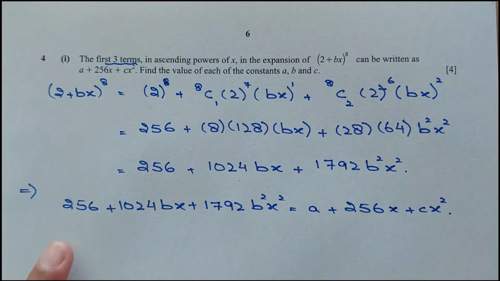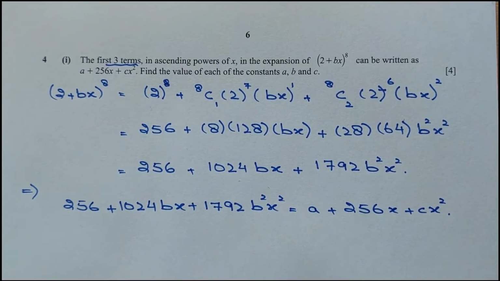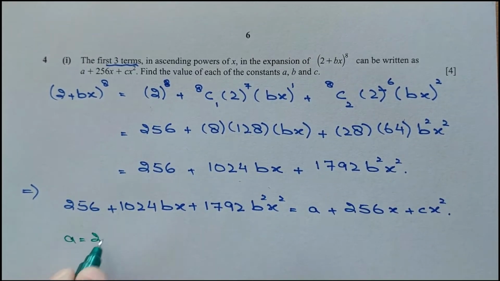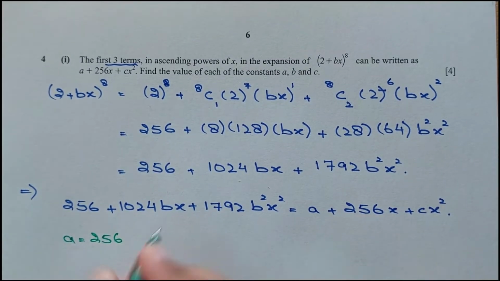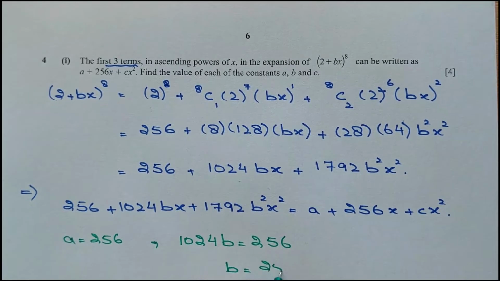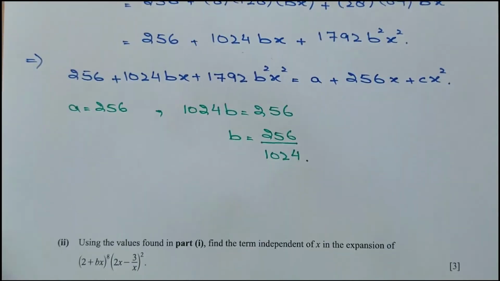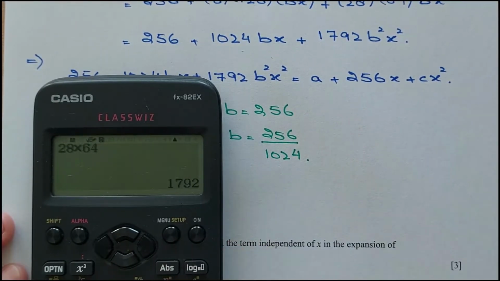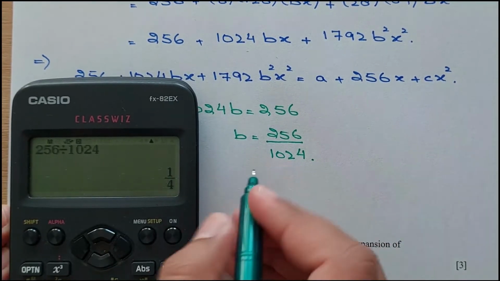Now comparing, a is the constant term, so a equals 256. Now comparing the x coefficients, 1024b equals 256, and the b value is 256 divided by 1024, which is 1 by 4.